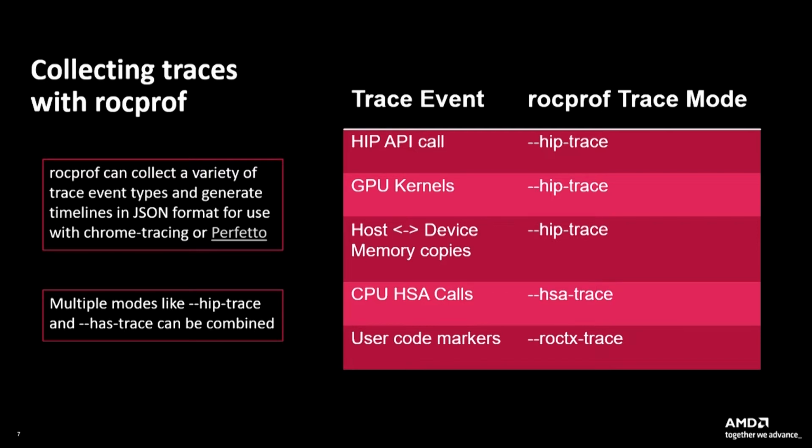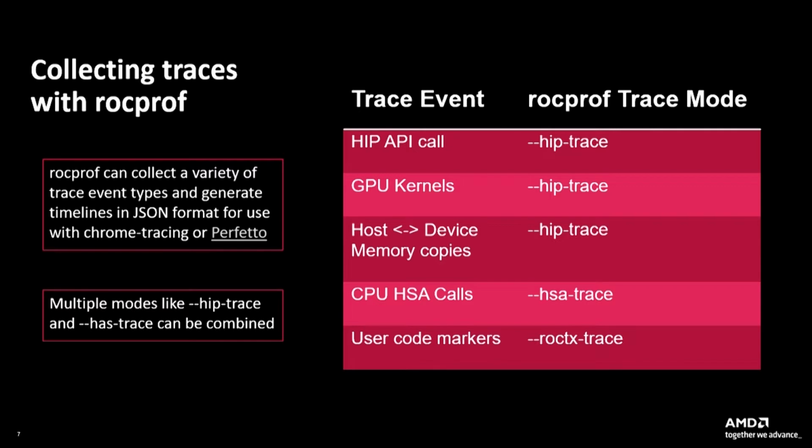If you want to understand what HIP APIs are being used, whether it's the mem copies or the kernel launches, you'll use the HIP trace. But if you want to understand a little bit more about what your hardware is doing, you can go to the HSA trace, and you can start extracting things like what HSA calls are being invoked, and how different kernels are being queued inside the HSA.